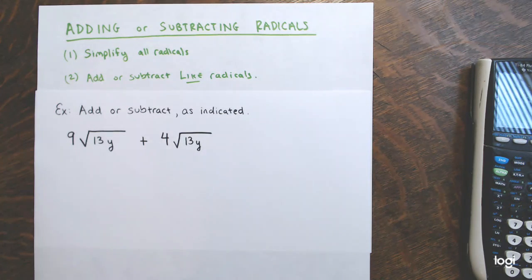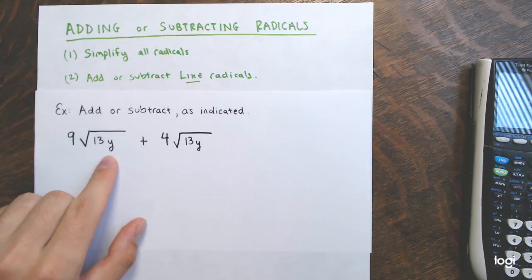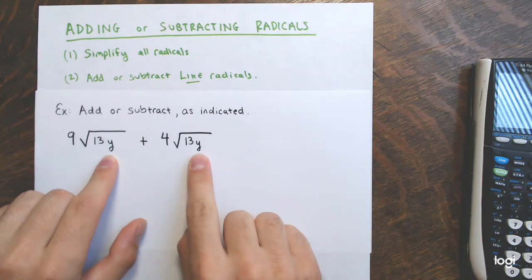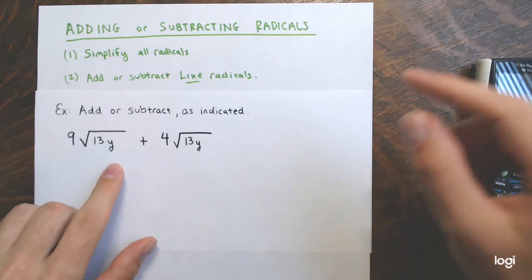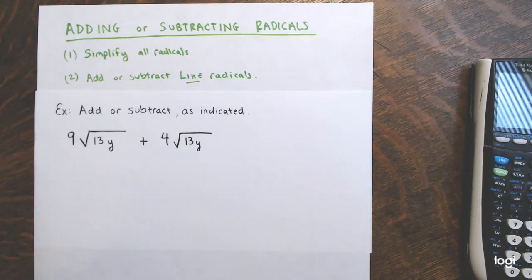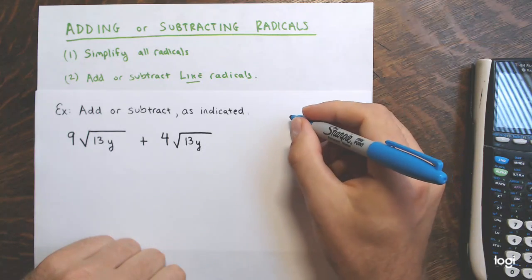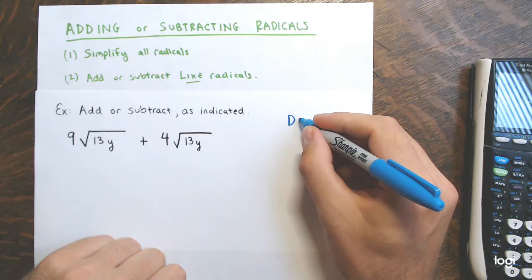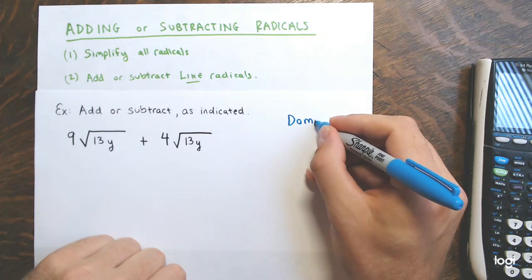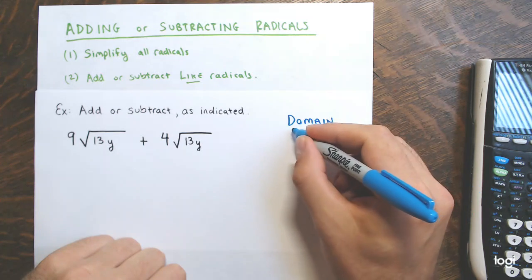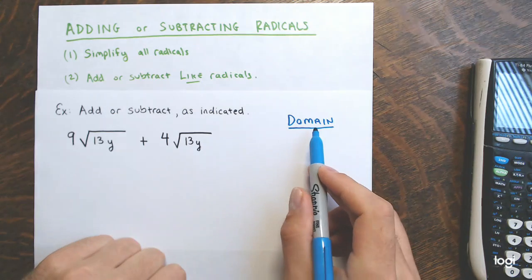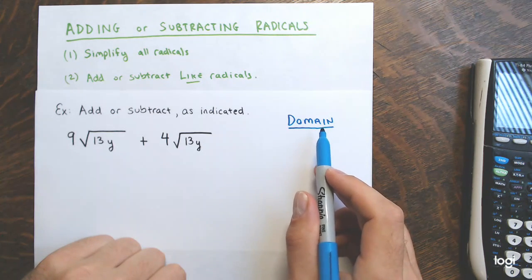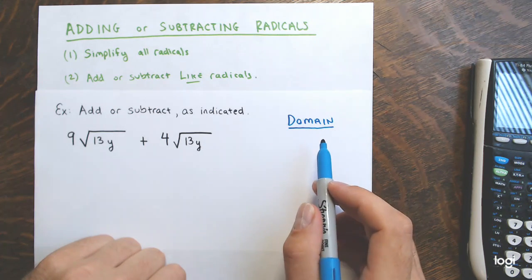Okay. So this expression has a variable in it, the letter y. Most of the time I remember to do this right away: if there's a variable or variables in an expression, off to the side I like to state the domain of the expression. Remember, the domain is just what I'm allowed to plug in for my variables.